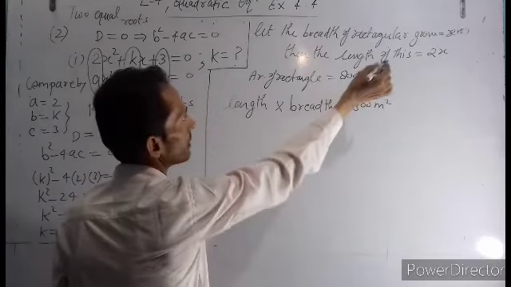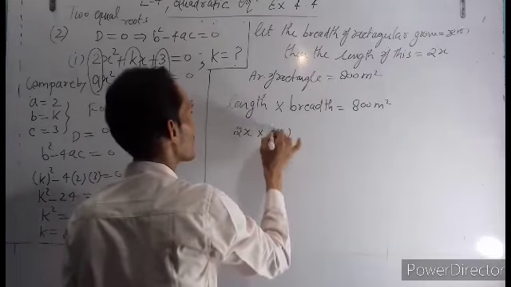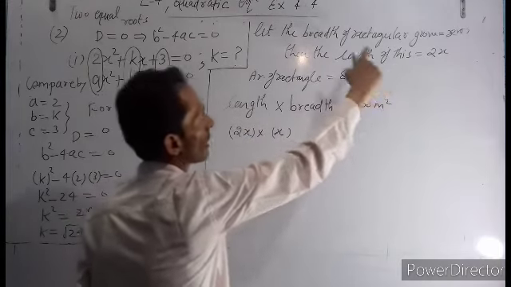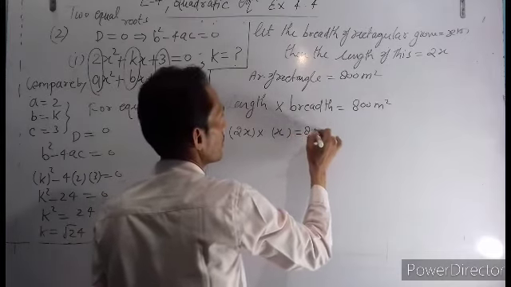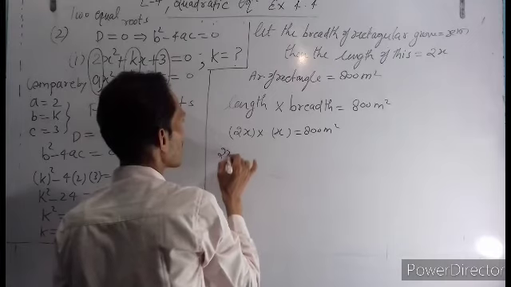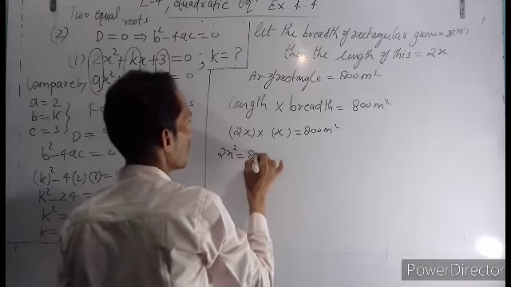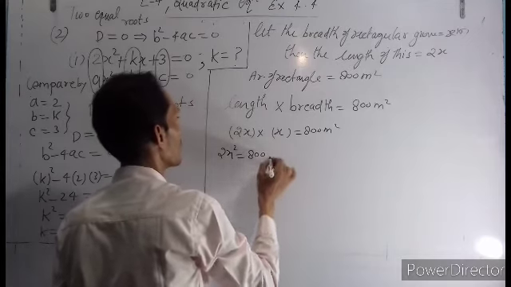So the length is 2x and the breadth is x. Put the value of these two and 800 meter square. It means 2x square equal to 800 meter square.